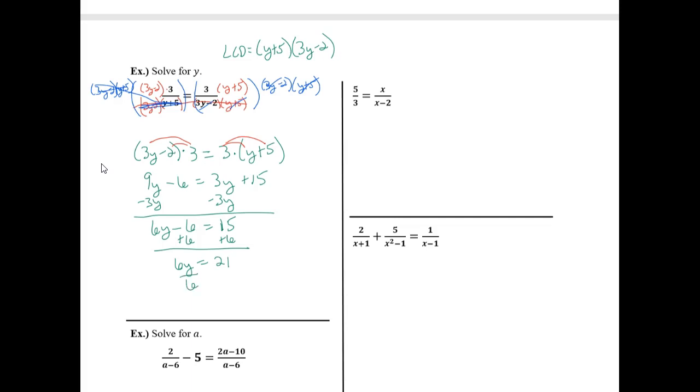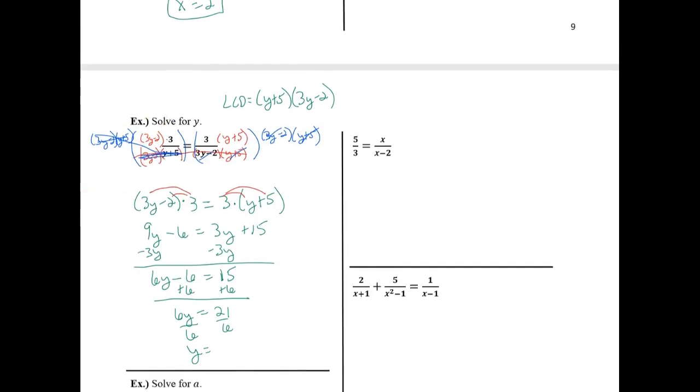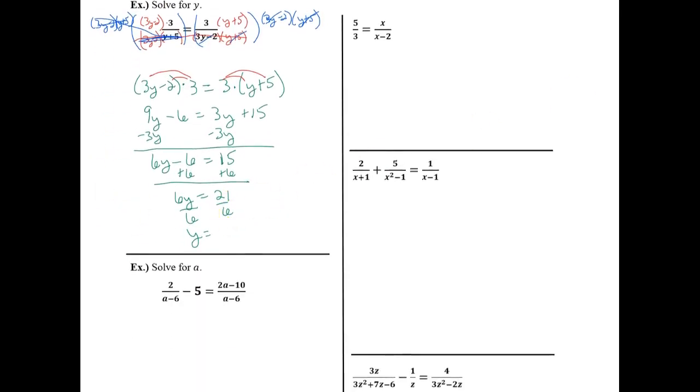And then divide by 6. You can simplify that fraction by dividing out a common factor of 3. So divide by 3 to reduce that fraction, and we end up with a positive 7 halves.